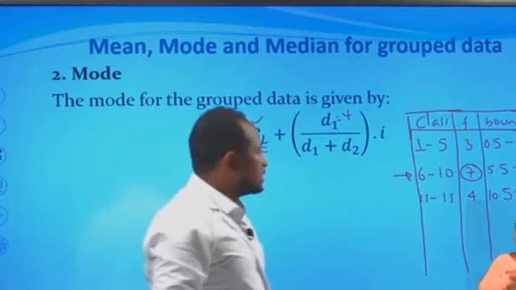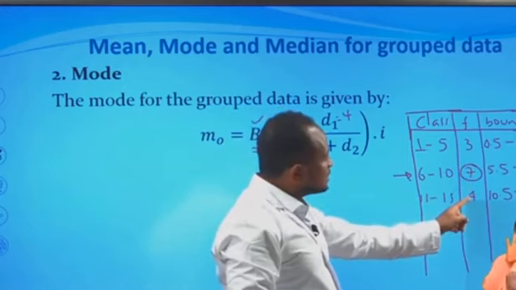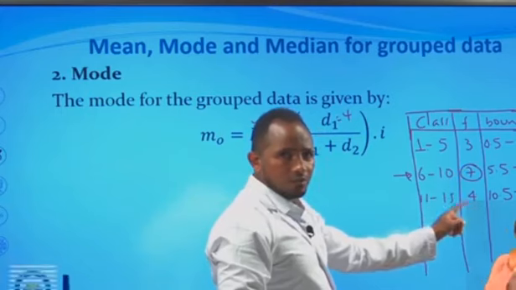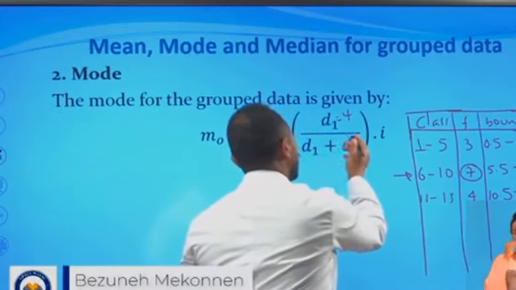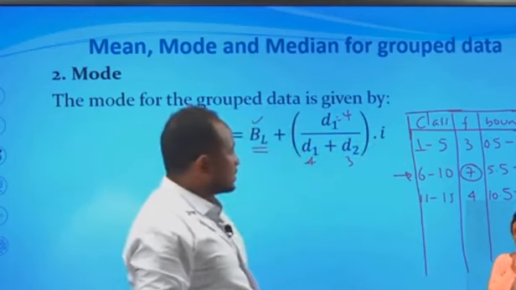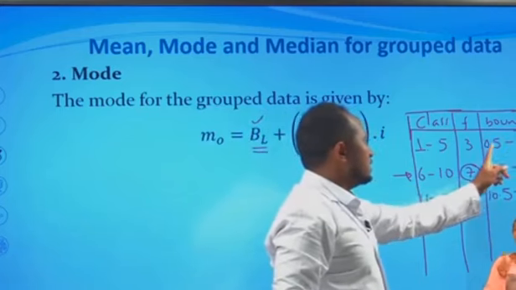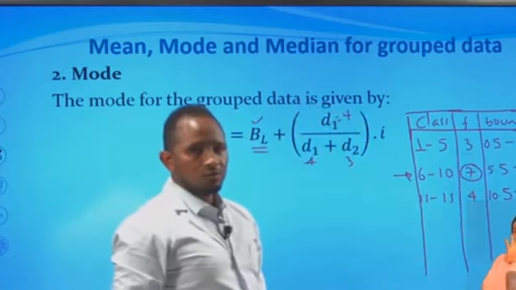D2 is simply the difference between the frequency of the modal class and the succeeding class. So it is 7 minus 4. D2 is 3. I is the difference between the upper class boundary and the lower class boundary. 5.5 minus 0.5 gives you 5.